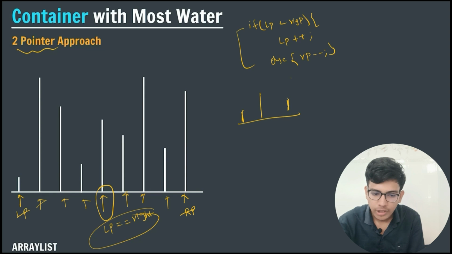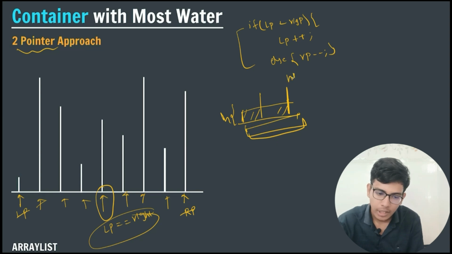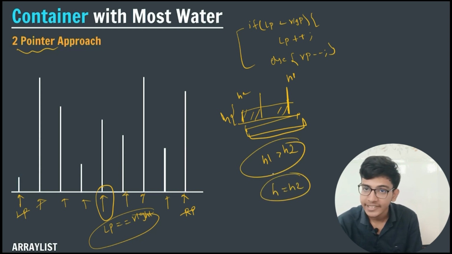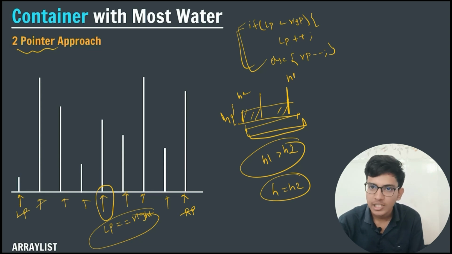Suppose I want to calculate the maximum water trapped between these two lines, then the height will be the lowest of the two, and my width will be this. So let us consider h1 and h2. If h1 is greater than h2, then the height is equal to h2. These are the conditions you need to remember when we do this question with the left pointer and right pointer approach, that is the two pointer approach.